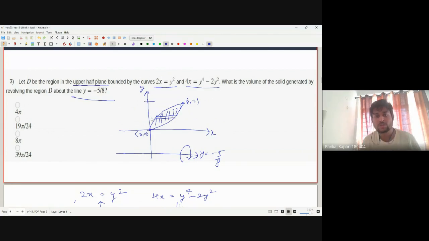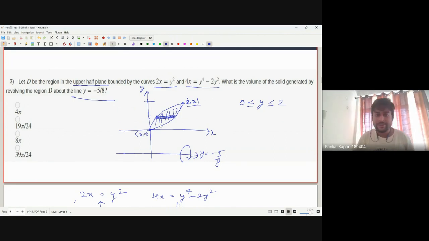You can see that our y now varies between 0 and 2, right? Because these two curves intersect at the origin and 2 comma 2. But we are integrating along the y-axis, so we partition the y-axis and then this is a small, very thin strip, and this we are revolving about this line y equal to minus 5 by 8.